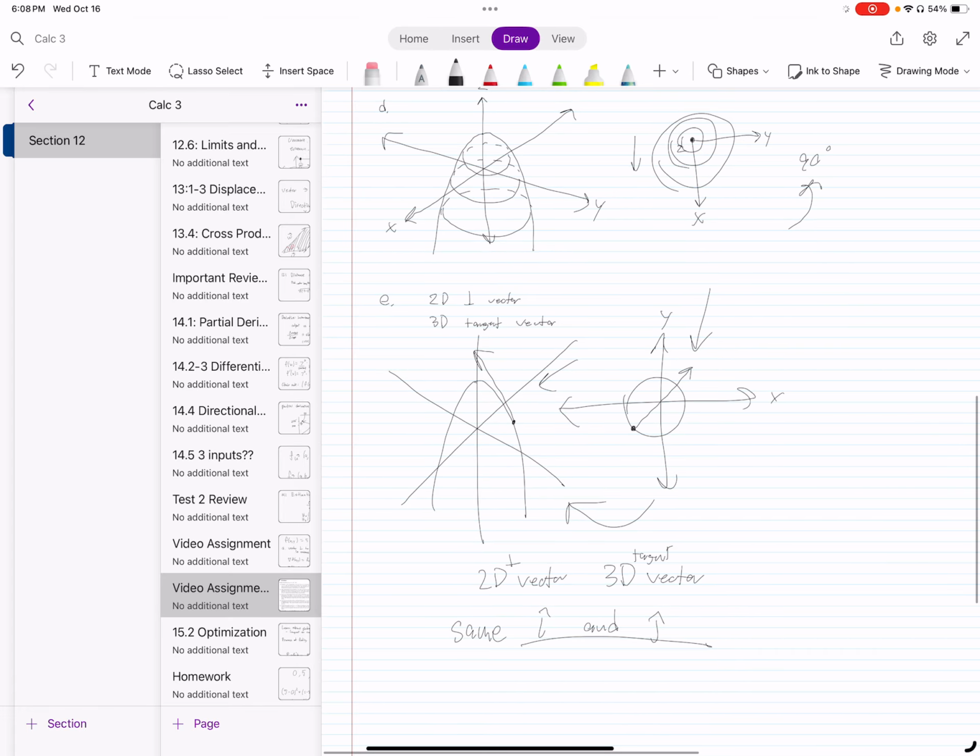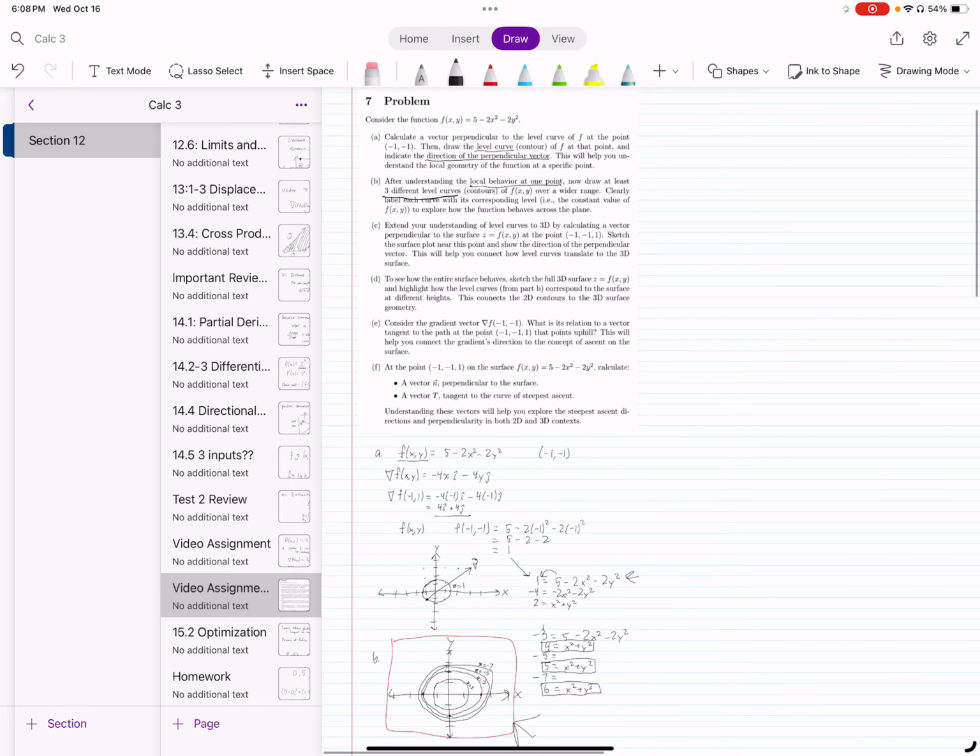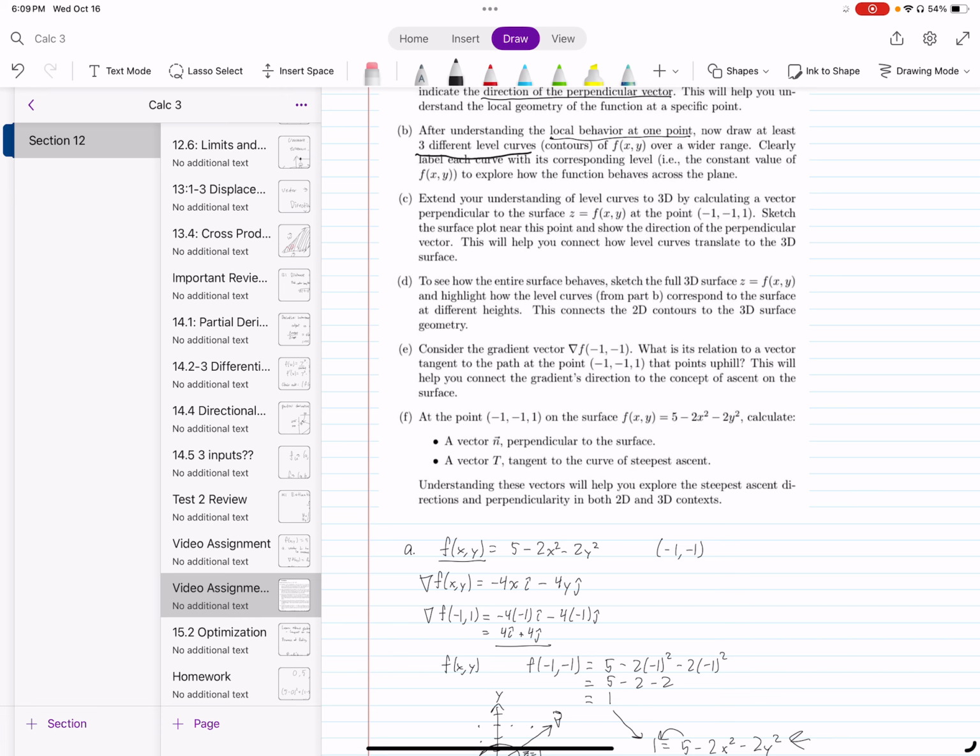And the next part will have us find the perpendicular vector to the surface and the tangent vector to the surface.